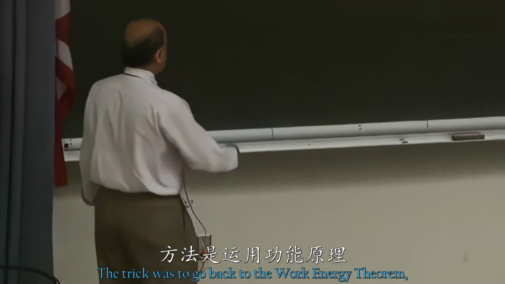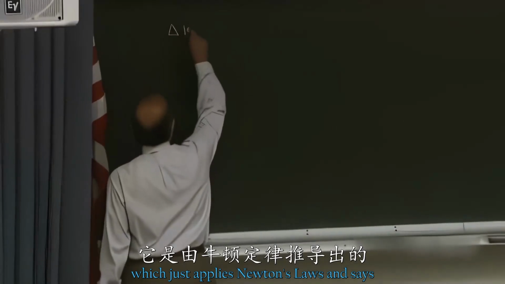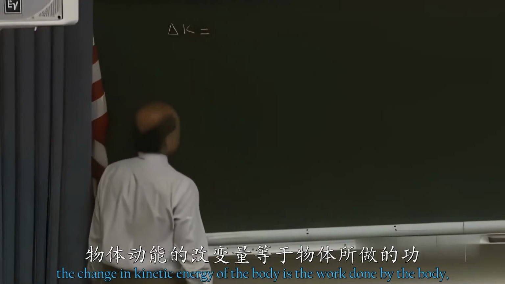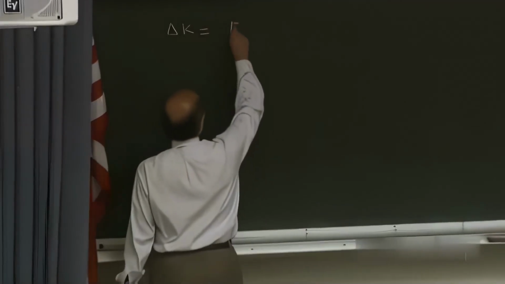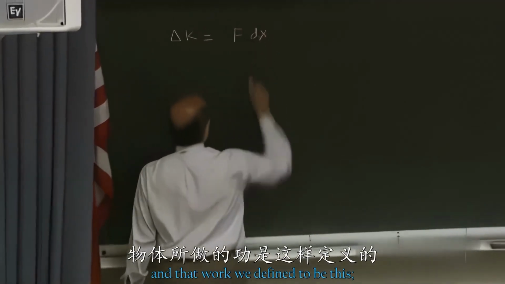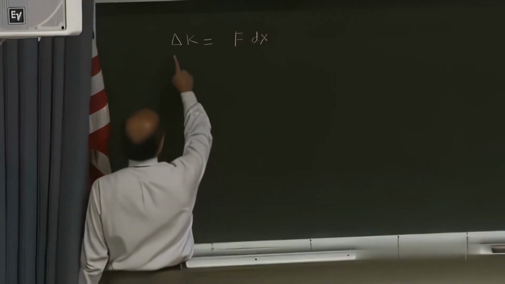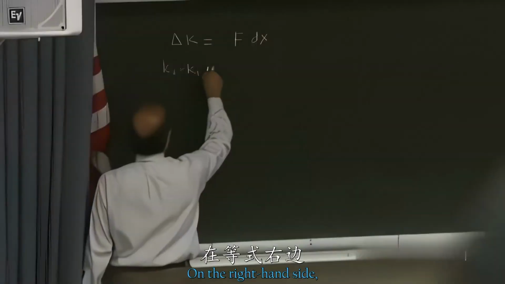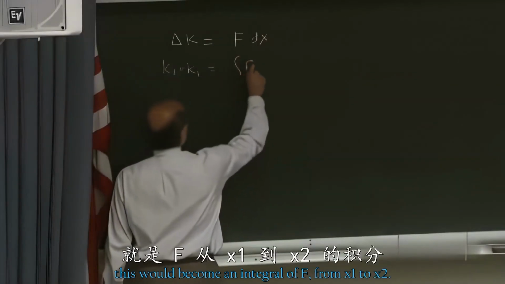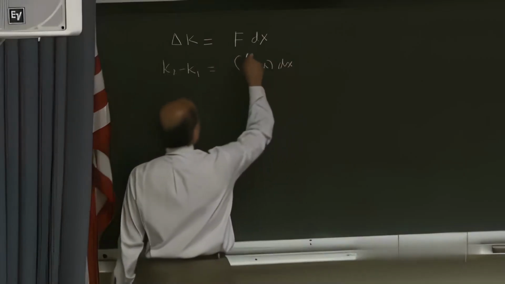The trick was to go back to the work energy theorem, which just applies Newton's laws and says the change in kinetic energy of the body is the work done on the body, and that work we define to be this. Then the sum of all this on the left-hand side would be the change in kinetic energy. On the right-hand side, this would become the integral of F from x1 to x2.